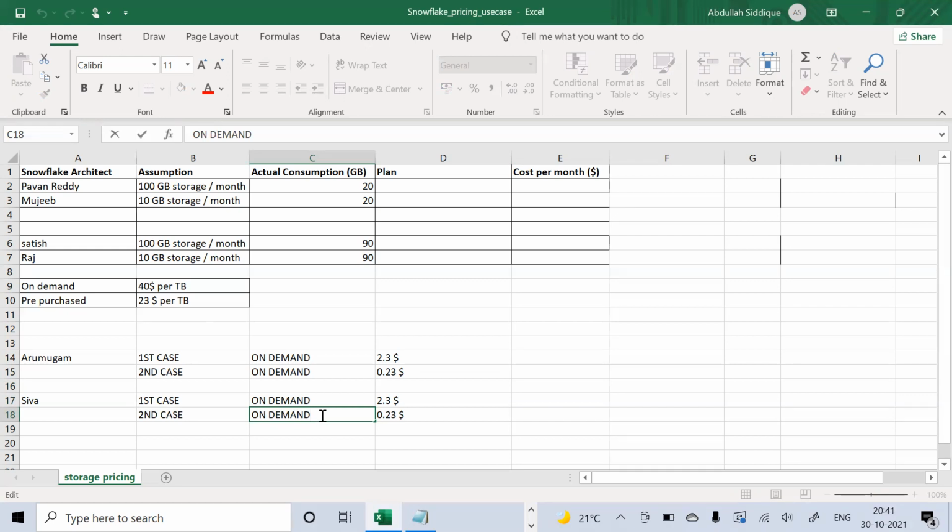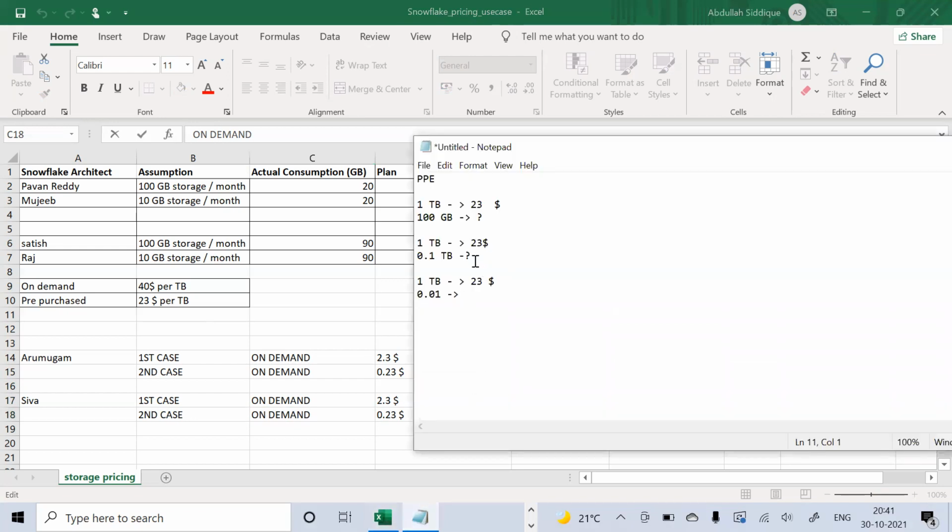But you see the pre-capacity is always for the $23. Even if you use less, you have to pay $23, right? No, not $23. This is the amount you are going to pay upfront. If you have assumed that I will be storing 10 GB per month, you have to pay upfront based on this formula.